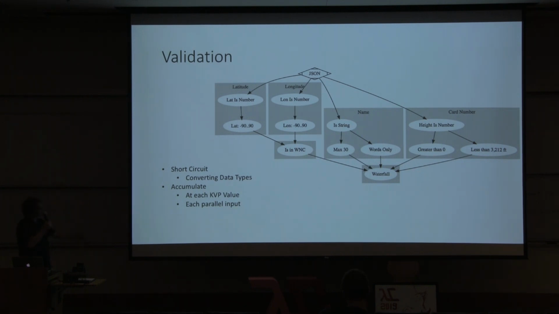So with latitude, we can go down and validate latitude as far as we can, then longitude as far as we can, and wherever there's an error, it will still try to convert each of the inputs. So even if there's an error converting latitude, we will still try to convert longitude and validate it as far down as possible.